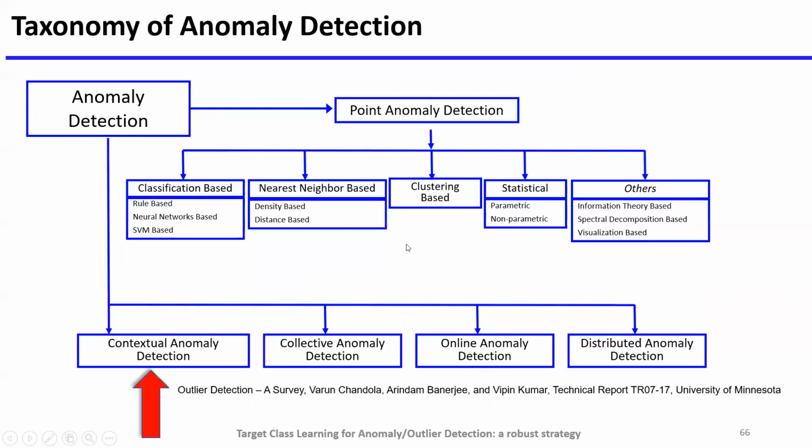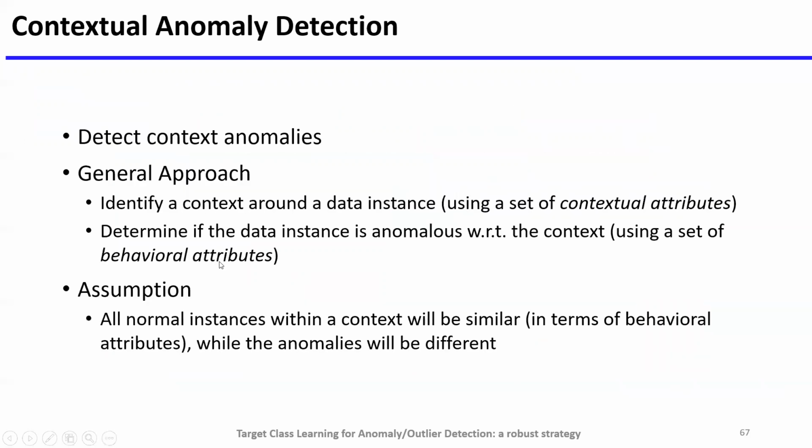so that can be very much seen. Okay, so we will have some other approaches also for contextual anomaly detection. As we have already discussed, contextual anomaly detection means we need to detect the anomaly with respect to certain context.